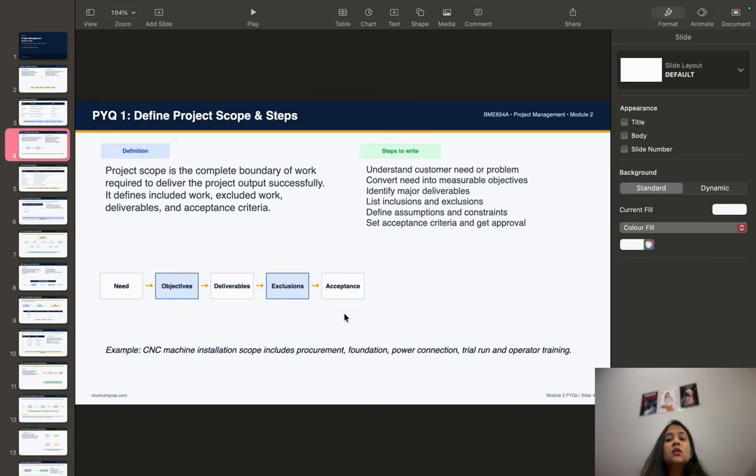So in the exam, just draw the flow as a block diagram and explain each keyword by taking any example. You can write the example for the project scope and the steps.